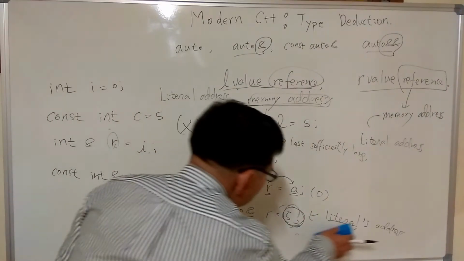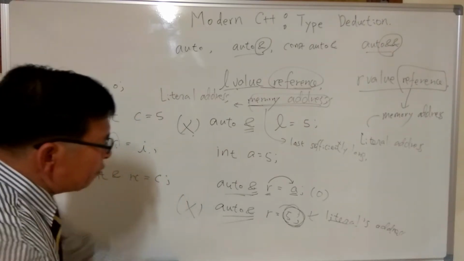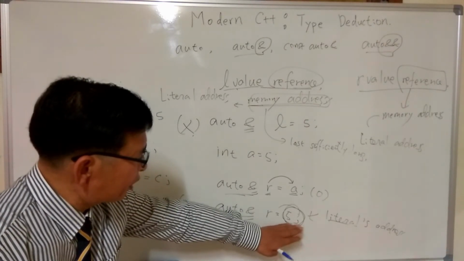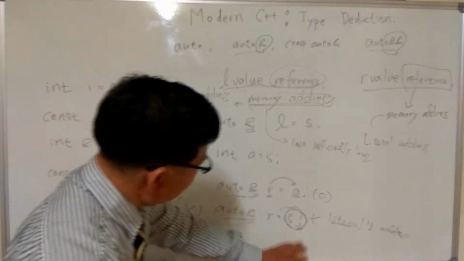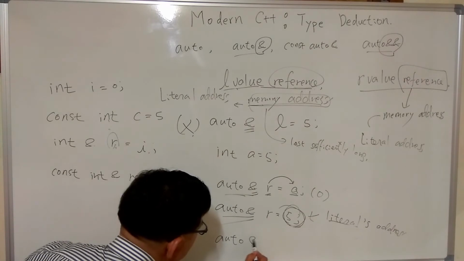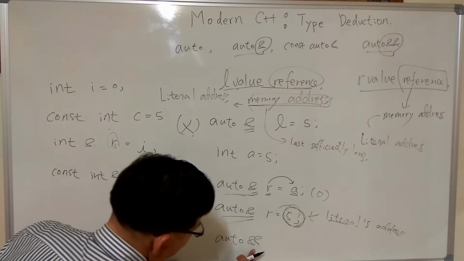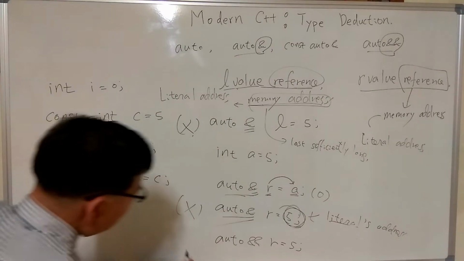If we want to take a literal's address, this is an R value, as I explained previously, we need to use an R value reference. This is an R value reference, okay? Now it works.